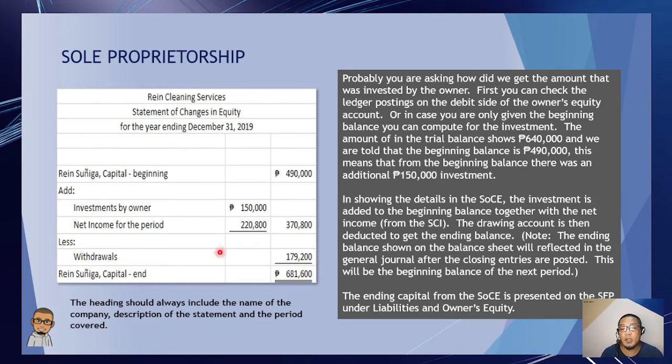Now, the last part is your capital ending, which is your ending balance shown in your general ledger after all the closing entries have been posted. Remember that, don't forget, all our closing entries must be posted to the general ledger. Then we just have to show them the details of what happened.